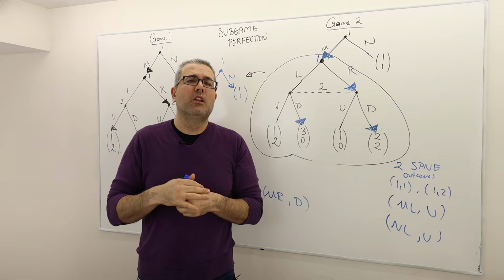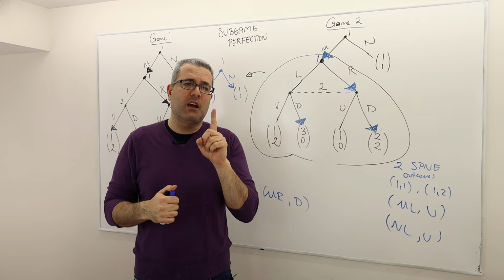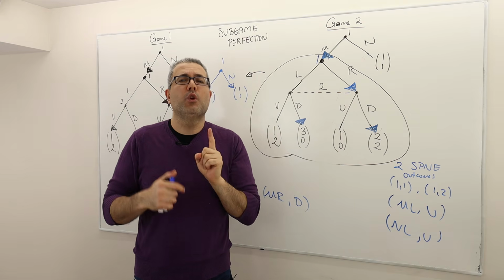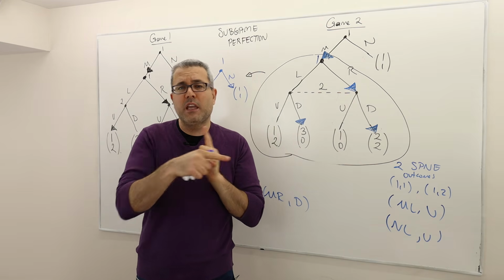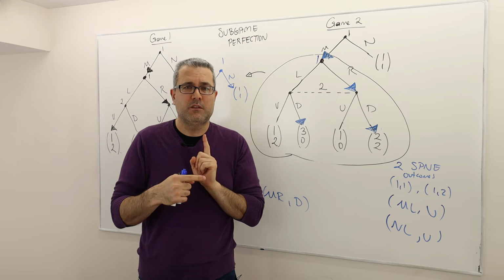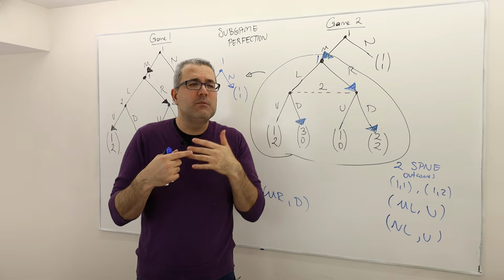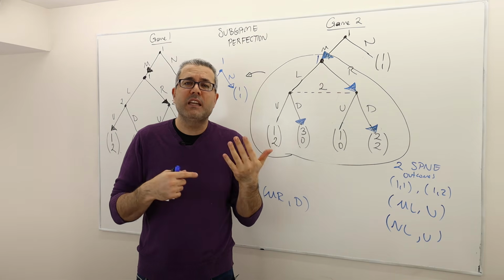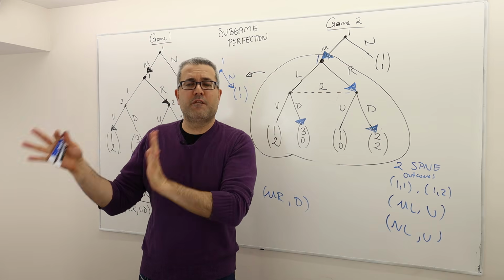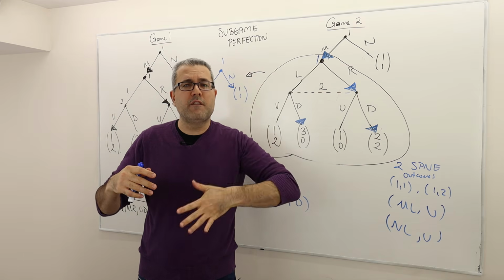And then we look at one person at a time and see if she or he would like to deviate somewhere else. So it's more like a comparative static analysis: fix everything else, only change one variable.